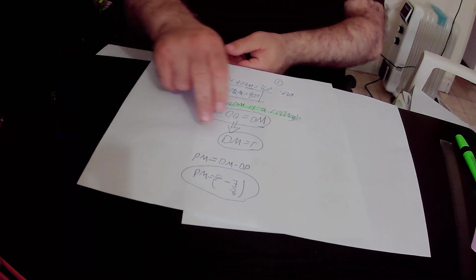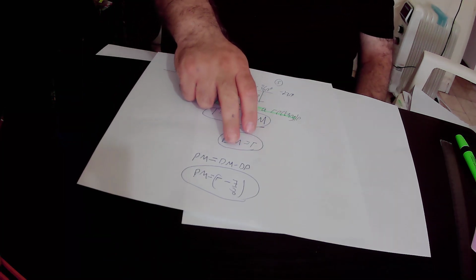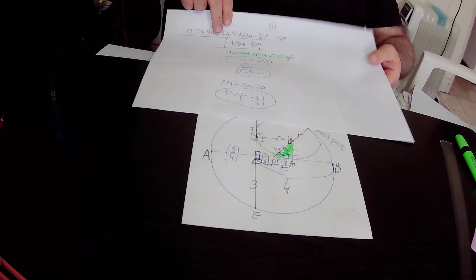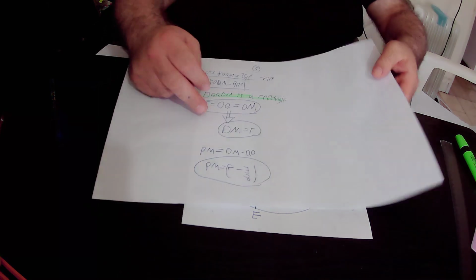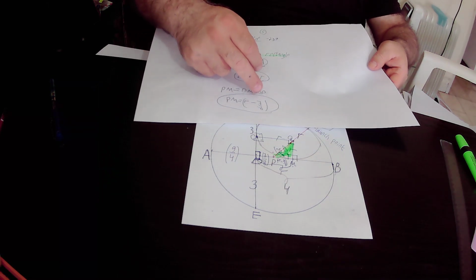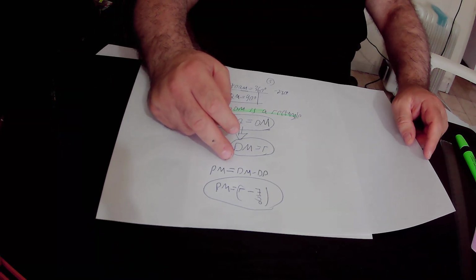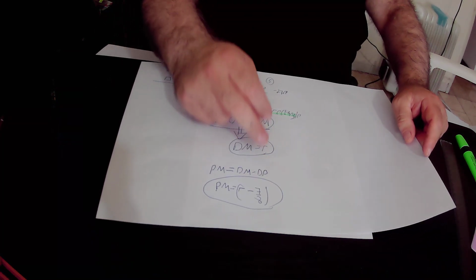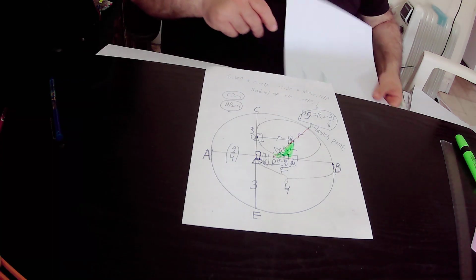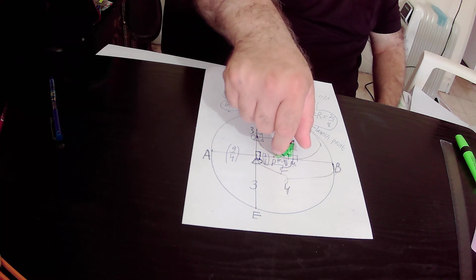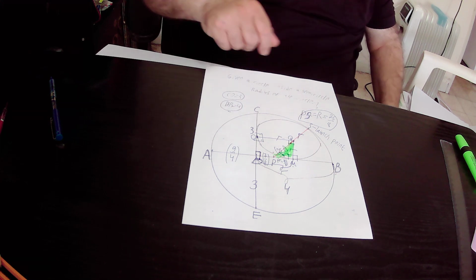We just found that DM equals small r, and we have already found that DP equals 7/8. So in conclusion, PM equals r minus 7/8.